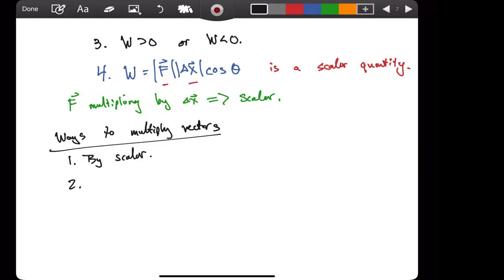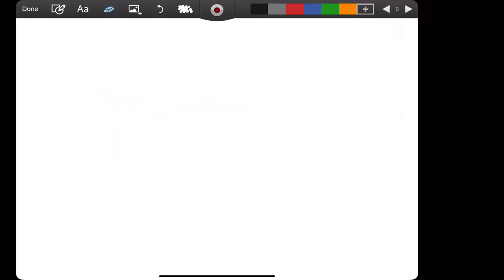So this is the second way, which is when we take two vectors, multiply them, and we actually get a scalar. This is what's known as the scalar or dot product. So this is our second way to multiply vectors together. Let's talk about scalar products, or dot products, for a little bit, because this is going to be kind of important.